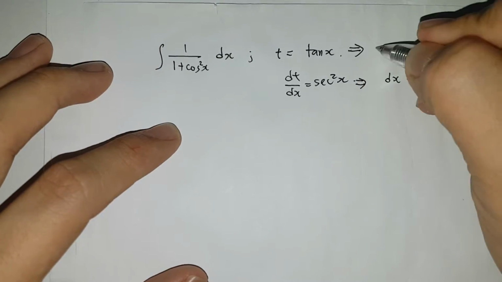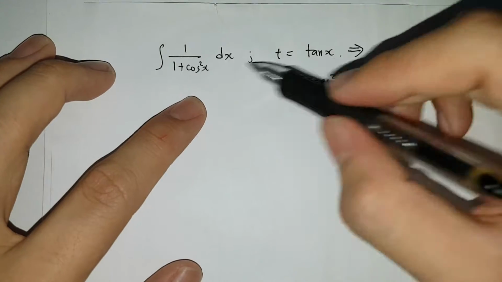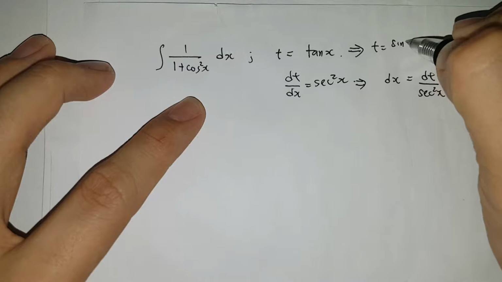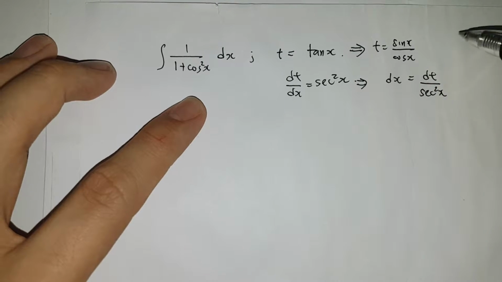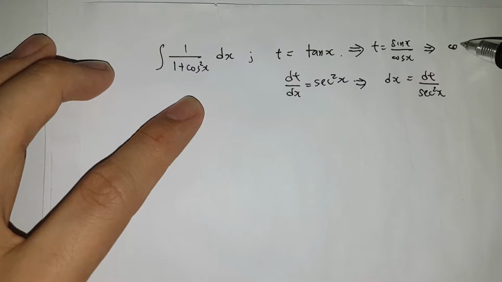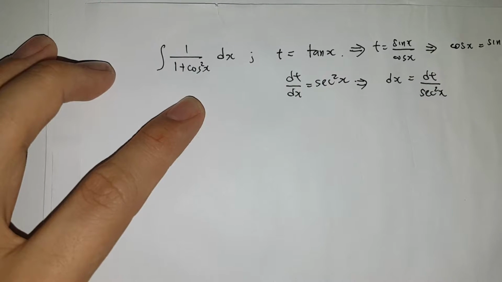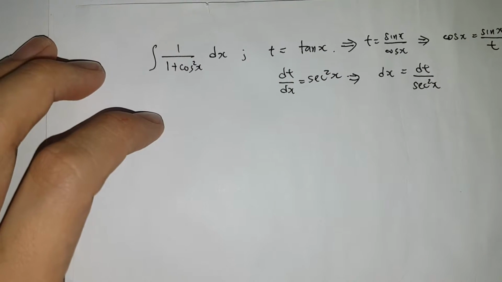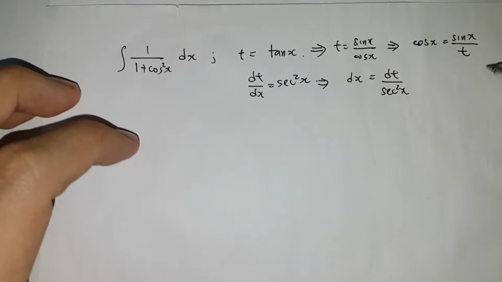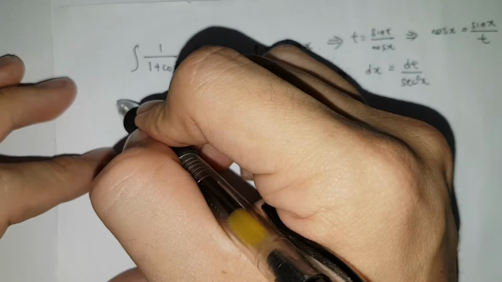And similarly, we would try to find cos x in terms of t. We know that t is given by sine x over cos x, and this would give us cos x equals sine x over t. Right? So with all this we are able to proceed from here.